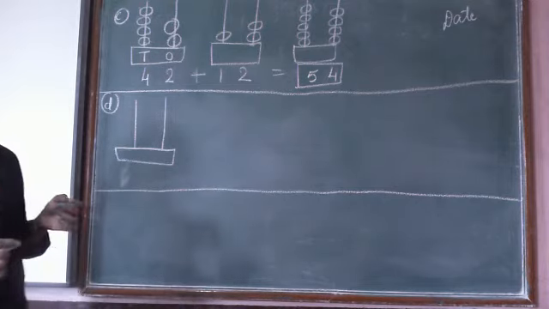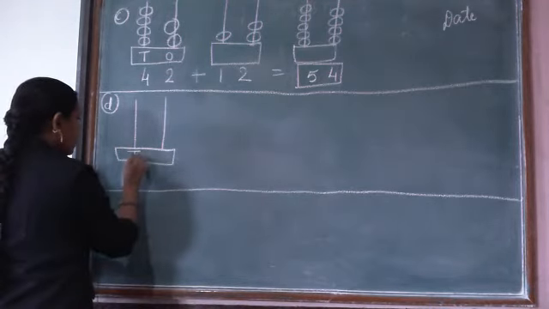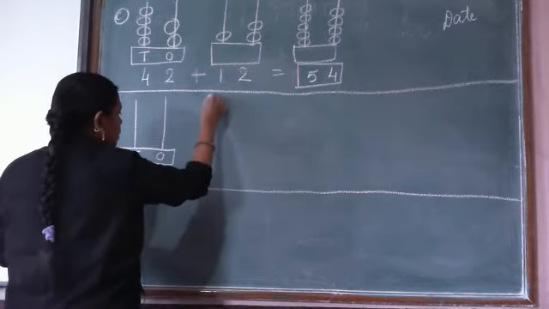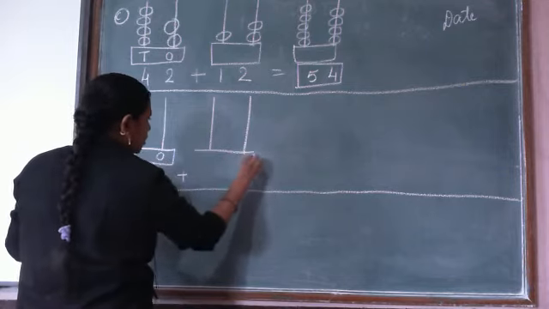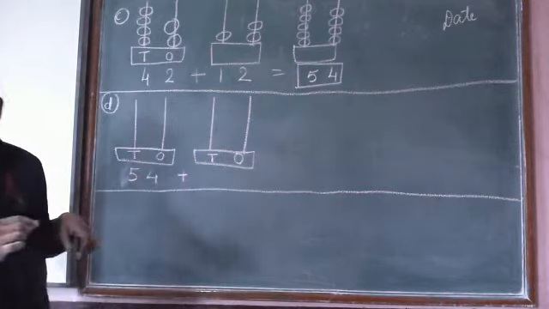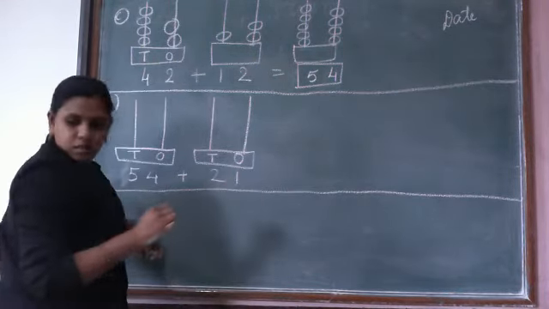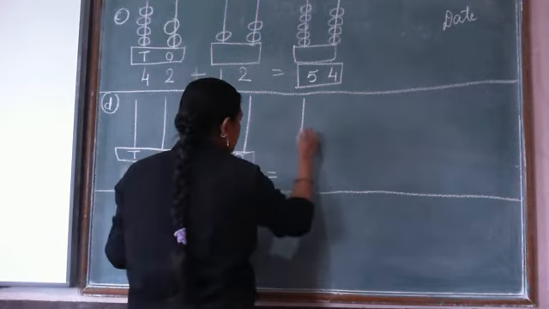What is the number? 5, 4, 54. 54 plus, draw another abacus. What is the number? 2, 1, 21. Draw one more abacus for your answer.